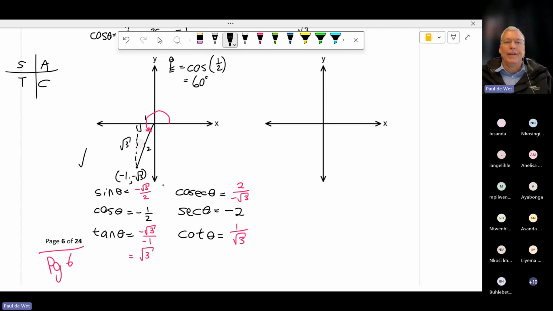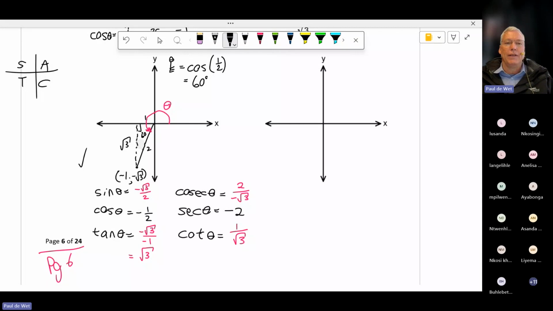Now guys, this here is not 60 degrees. We can see it's not 60 degrees. Who can tell me what I must do to get theta if this is 60 degrees? 60 degrees is my key. I mustn't minus it from 360 because then I'll be in quadrant 4. I must add 60 to 180, guys.